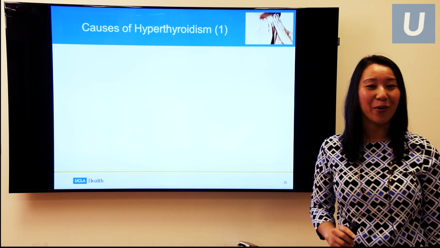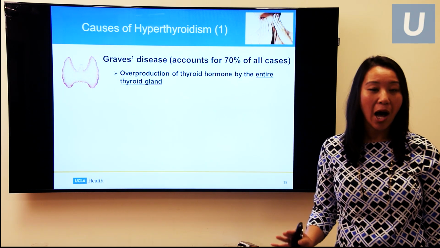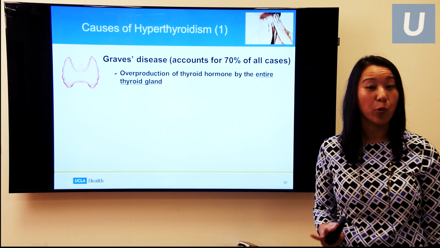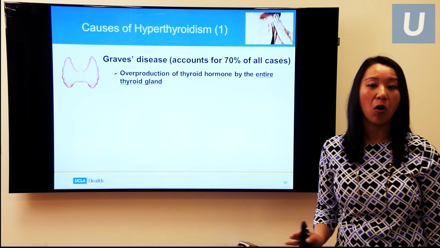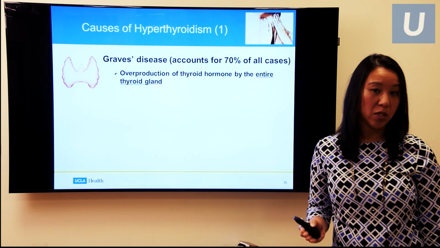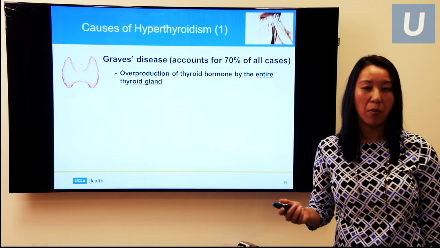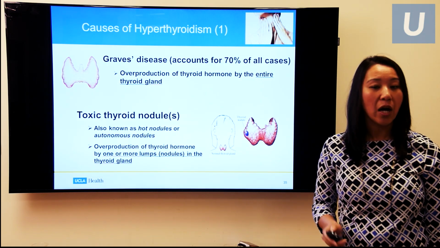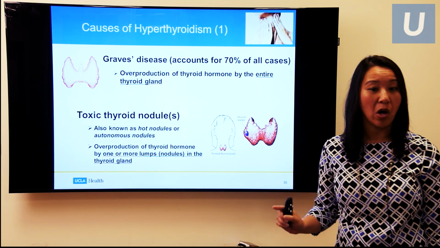So causes of hyperthyroidism, let's go through those. By far, the most common cause of hyperthyroidism is something called Graves' disease, accounting for at least 70% of all causes. And it really is an autoimmune disease in which the entire thyroid gland produces a little bit too much thyroid hormone. In contrast, the second probably most common cause is something called toxic thyroid nodules.